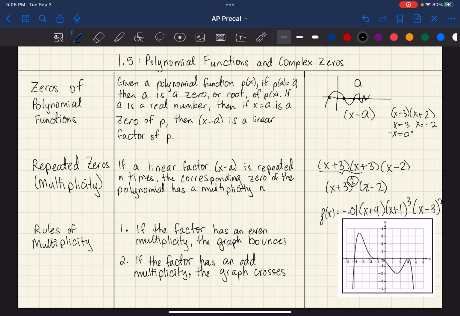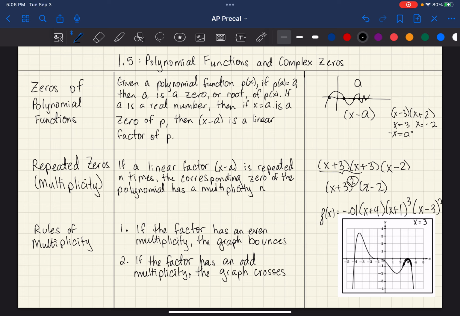So this x minus 3, remember that's really x equals positive 3, has an even multiplicity. It's 2. So what happens is, when I get to that point on the graph, my graph does not actually cross the x-axis, it bounces off of it.